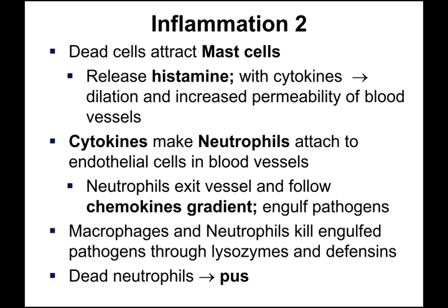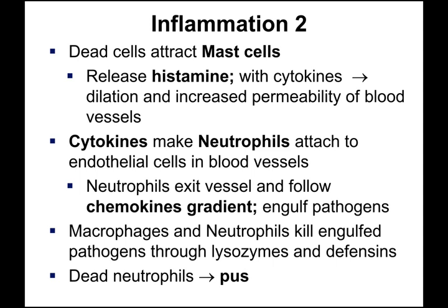So now you have that the macrophages have been activated, they release cytokines and chemokines, and then there are other cells that are now attracted there, which are mast cells. Mast cells and basophils are different cells, but similar. They work in a similar way. And what they do, they sense if there are dead cells.